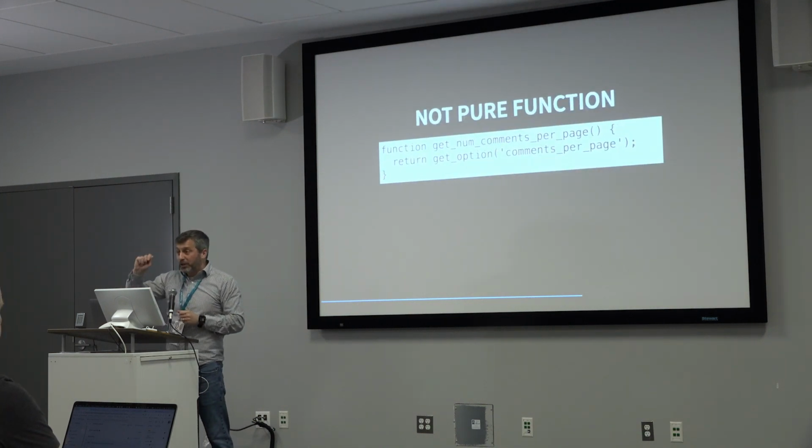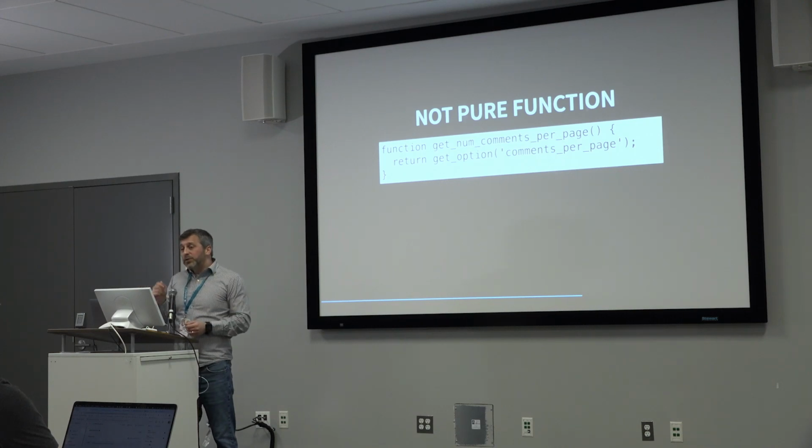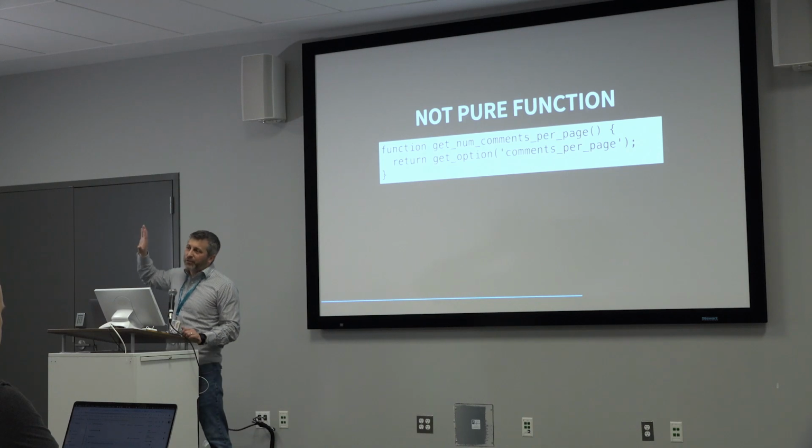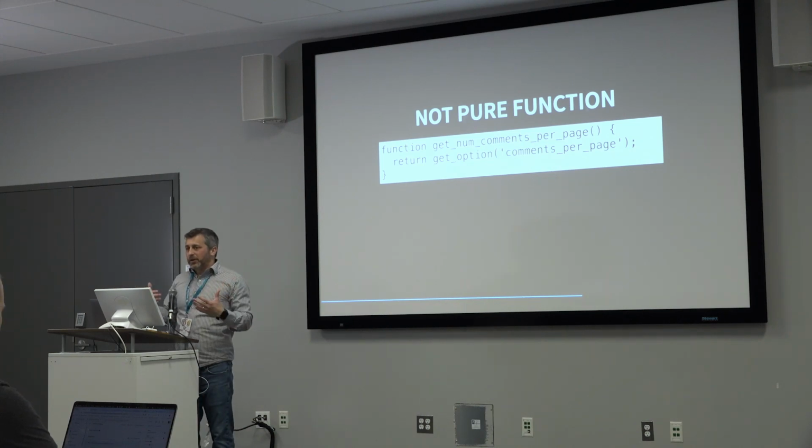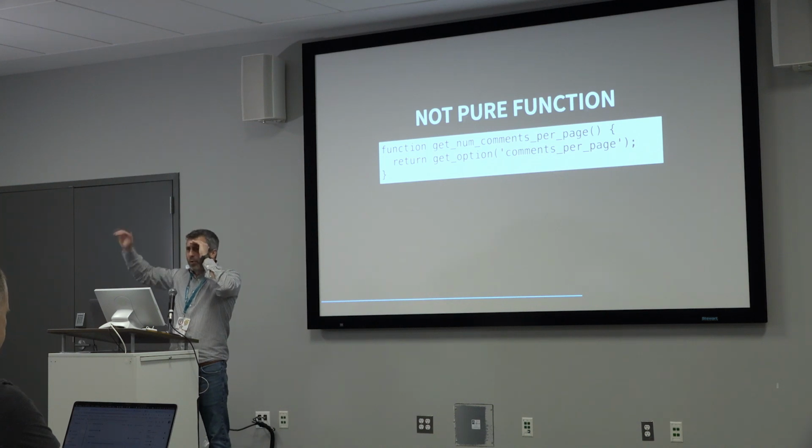Another not pure function here, another way. In this case, we are using WordPress's built-in get option. What get option does is it reads from the options stored in the database. So the database is outside of this function, right? A pure function kind of has blinders on. It doesn't care about the world outside of it. It only cares what's going on inside.